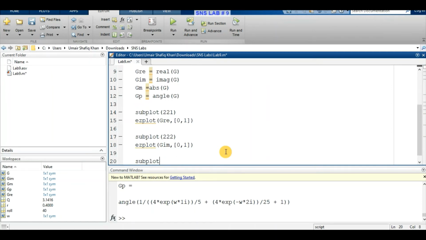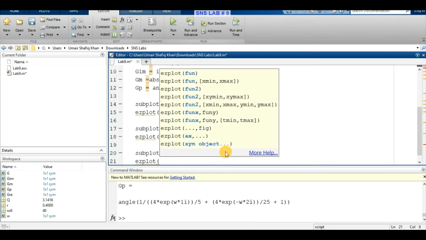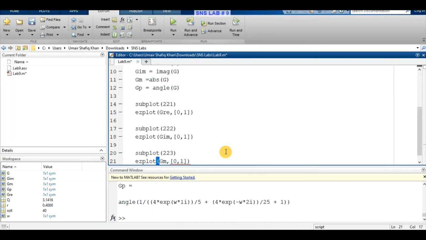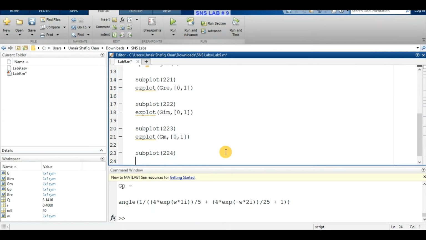In the third box I will plot magnitude, and in the last box phase will be plotted.